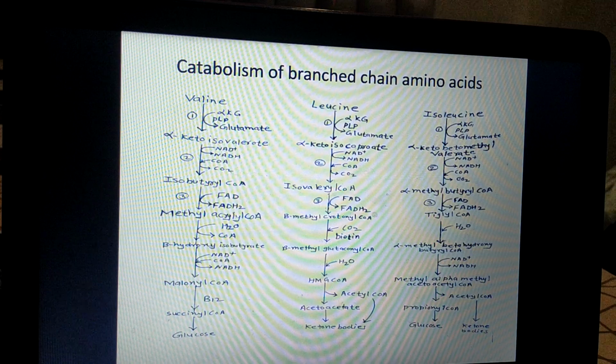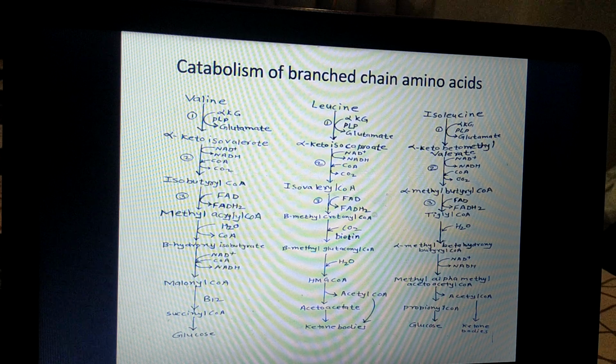The coenzyme here is pyridoxal phosphate. The same happens in the first step of leucine, where leucine on transamination forms alpha keto isocaproate. Products are different because the number of carbon atoms present in these amino acids are different.